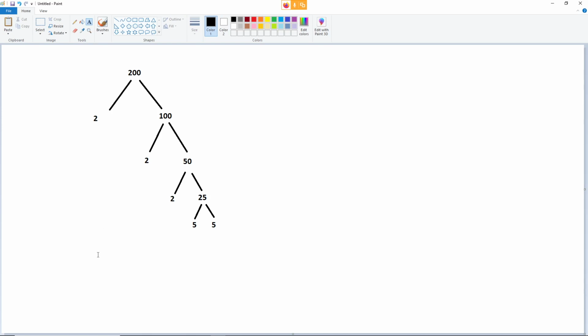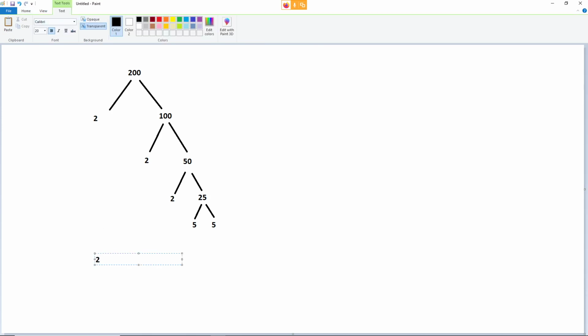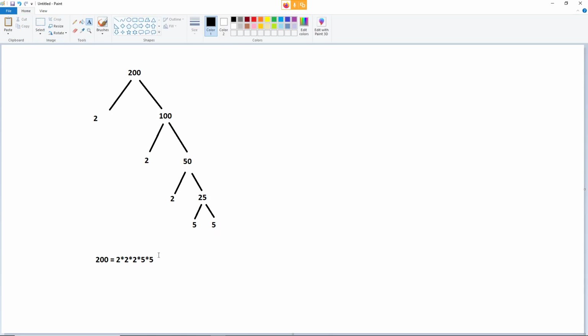So together, this is 2 times 2 times 2 times 5 times 5. And this is what 200 equals. That's the answer. So this, on the right-hand side, is the prime factorization of that number on the left, 200.